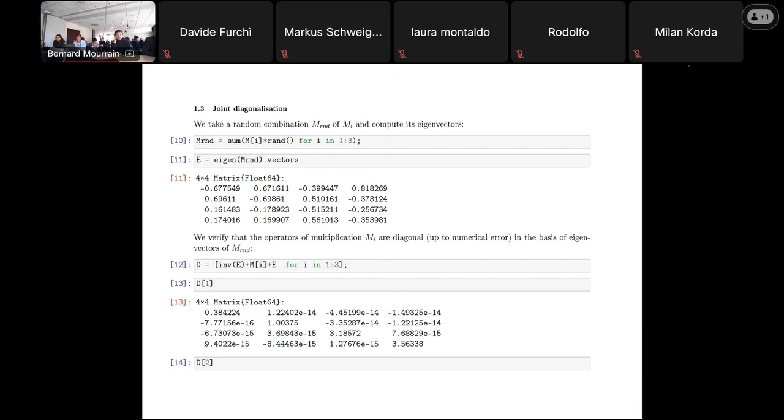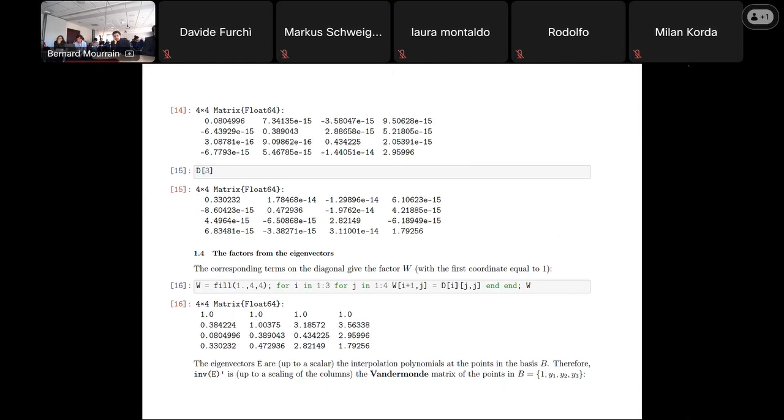We see that they are diagonal, numerically diagonal, because the rest is very small, 10 to the minus 16. On the diagonal, we have some non-zero terms. We take all these terms on the diagonal to form the matrix W, which corresponds, as we have seen, to the common factorization: the common terms on the diagonal give the factor W, which we normalize and get this.